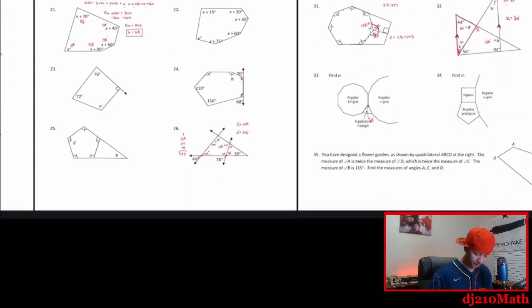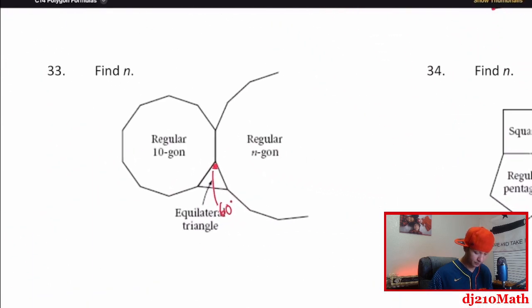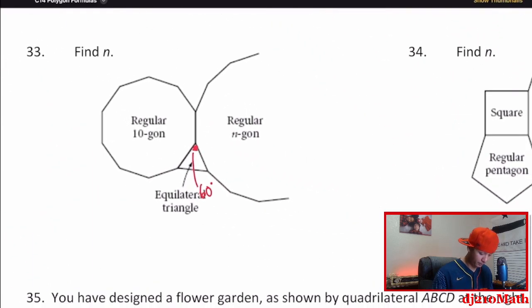So that's going to imply that this angle, because there are 360 degrees in a circle, 360 minus 144 minus 60 is 156.